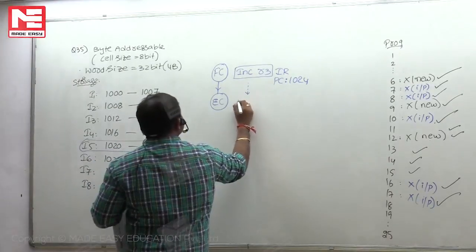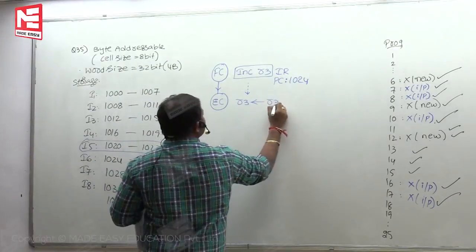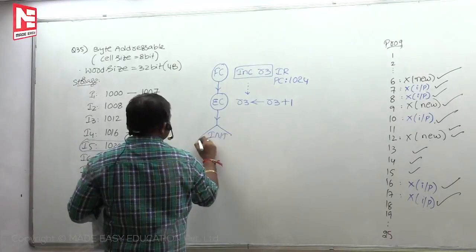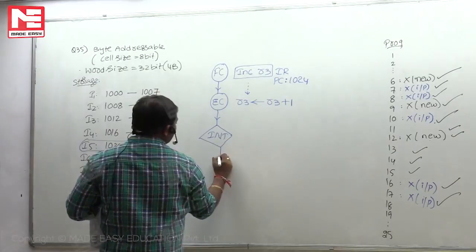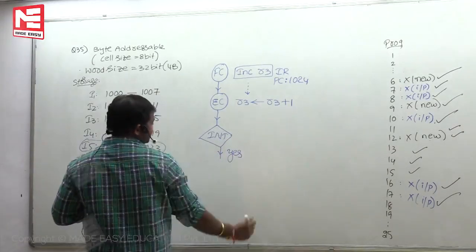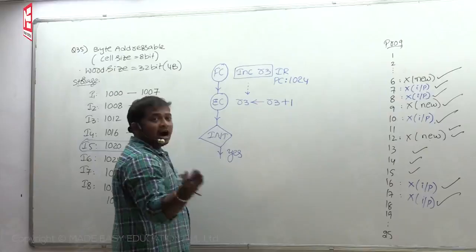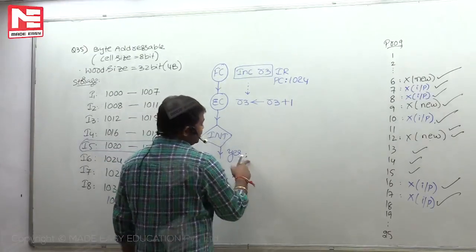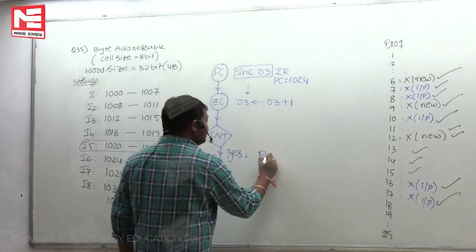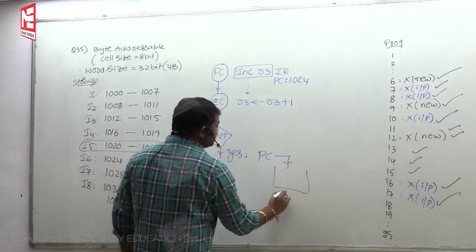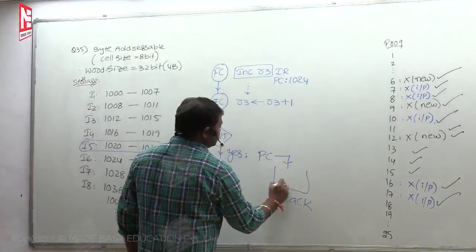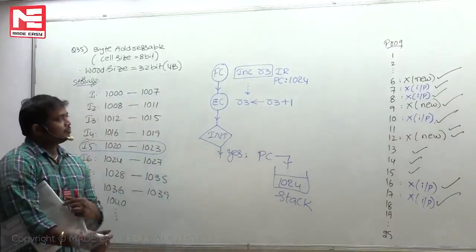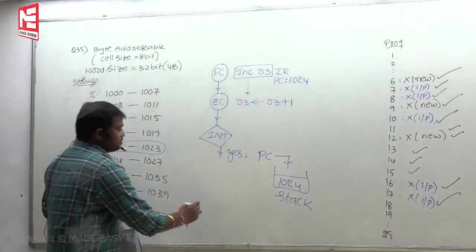At execution, R3 will be incremented. After execution, check the interrupt. The CPU responds to an interrupt only after completion of the current instruction. After completion of the increment instruction, the CPU checks for the interrupt. Is an interrupt present or not? Present. Now immediately the PC value is pushed onto the stack. What is the PC value? 1024. Did you get the point? Now the answer is 1024.